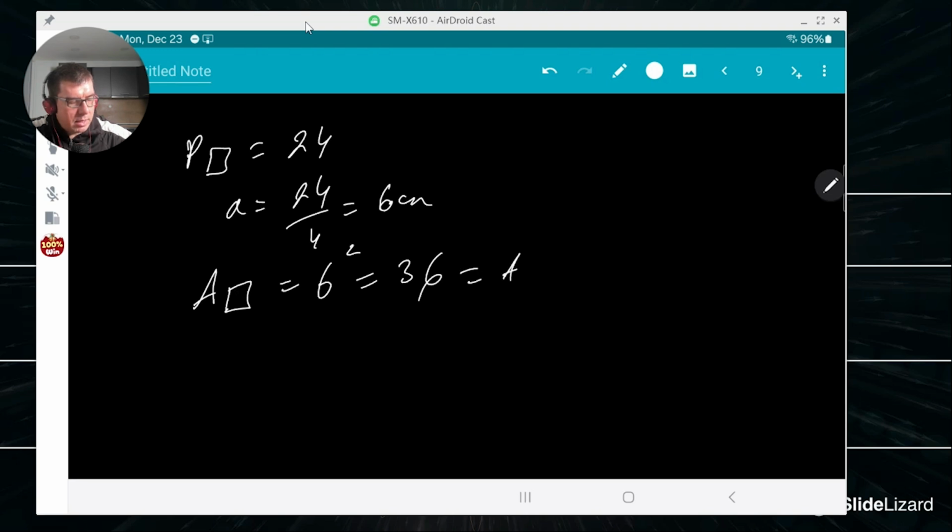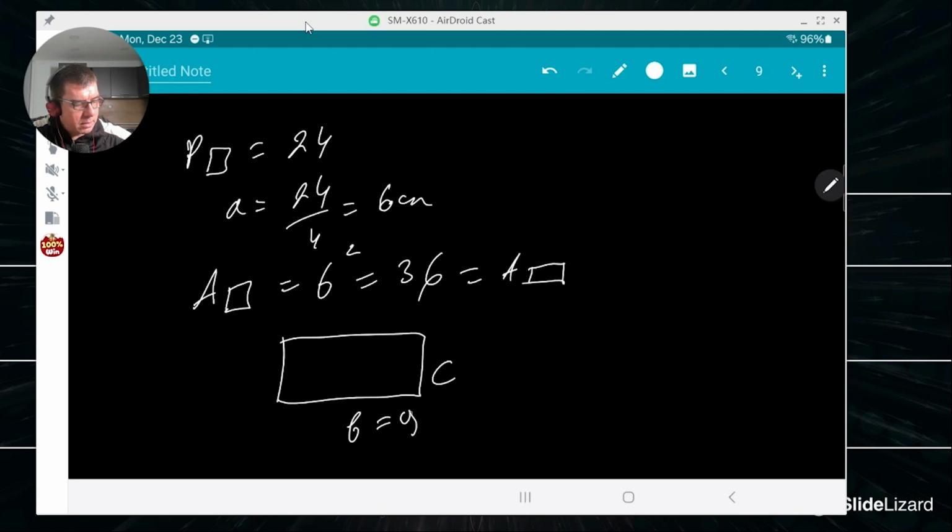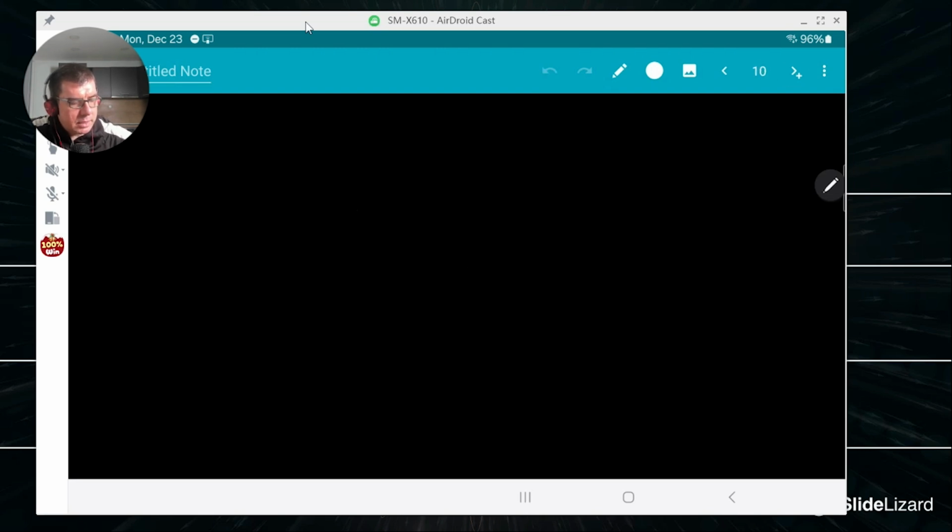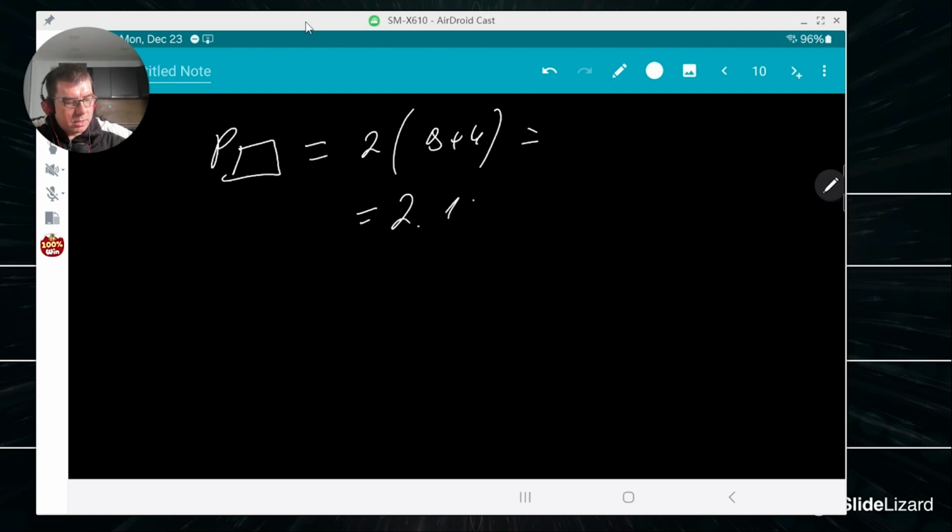This equals the area of the rectangle, and therefore if my rectangle has sides B and C, and B is 9, 9 times C is 36, C equals 4, and thus the perimeter of the rectangle is 2 times 9 plus 4, which is 2 times 13, which is 26 centimeters. You can even calculate this mentally without writing it.